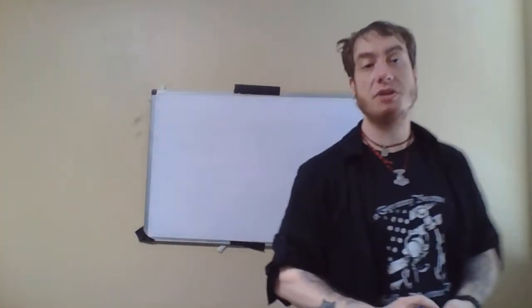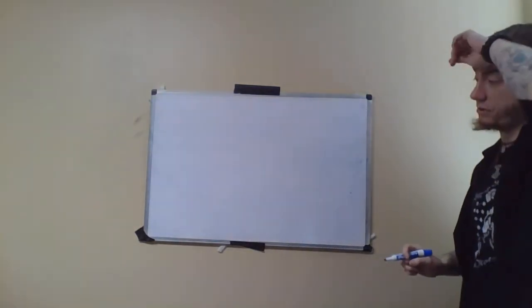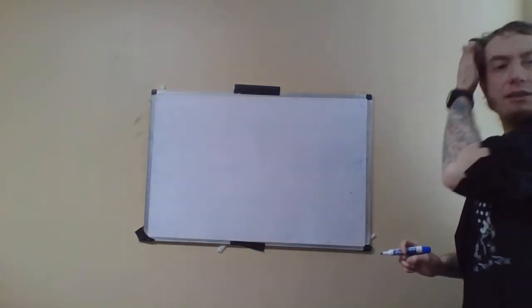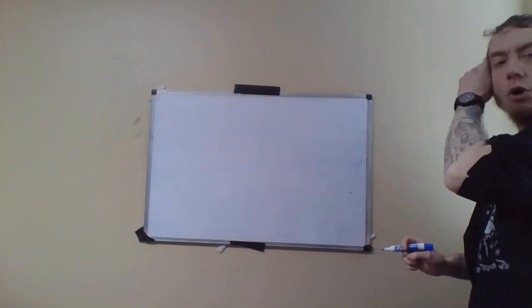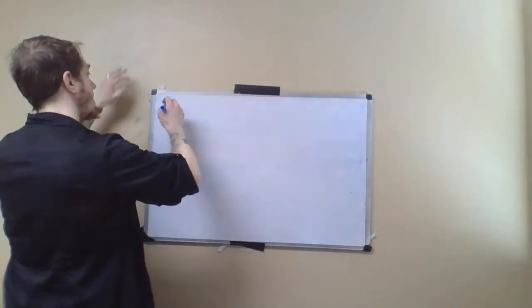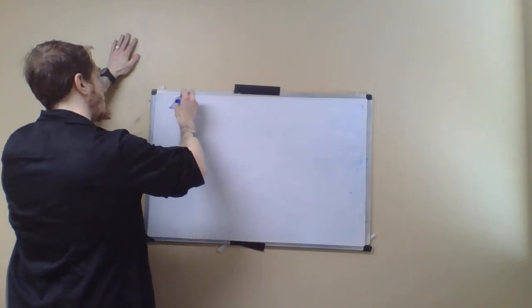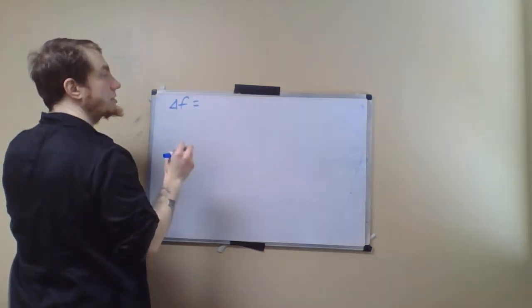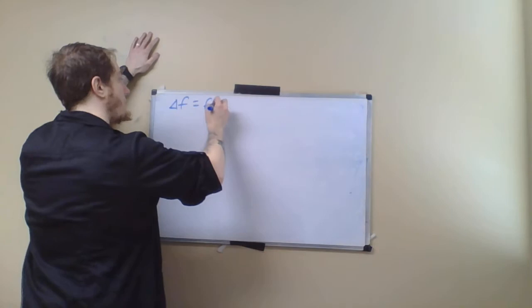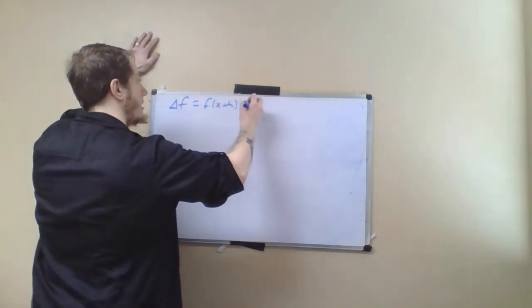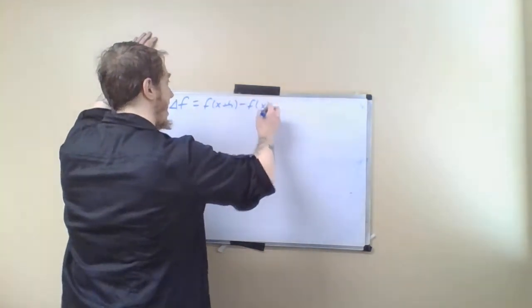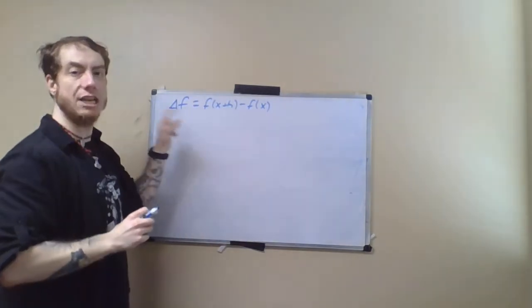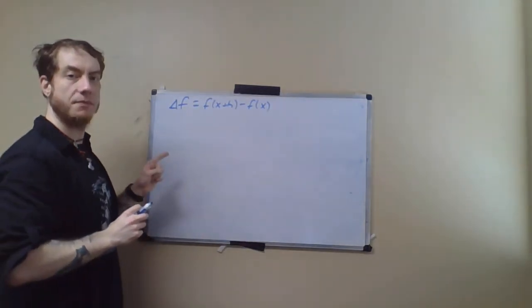However, there is a nice way to reason through what is going on here. The way that we're going to figure this out is I'm going to think about the derivative using a slightly different notation than what we have used before. We're going to use the notation delta f, equal to f of x plus h minus f of x. In other words, it is the change in the function f.